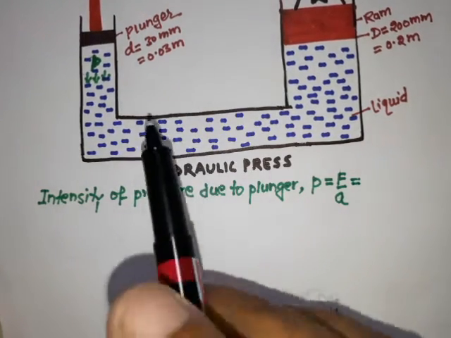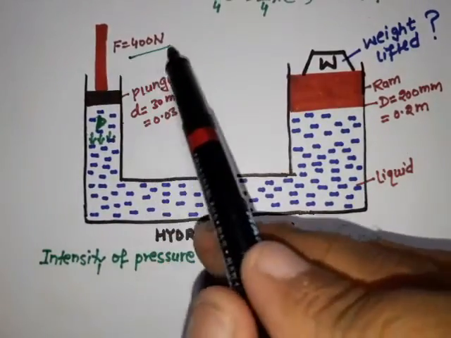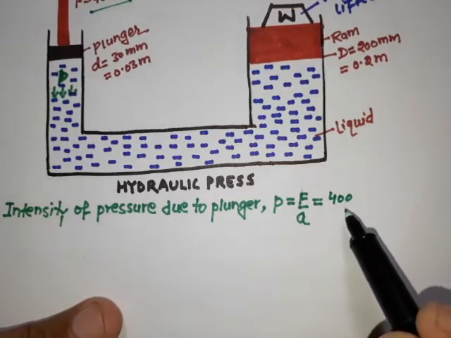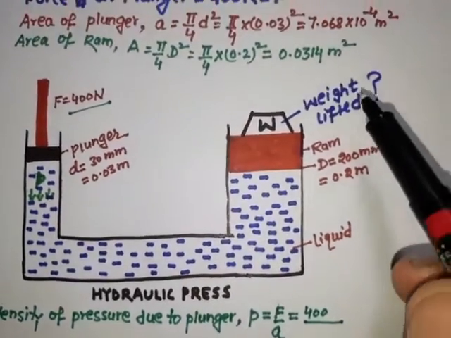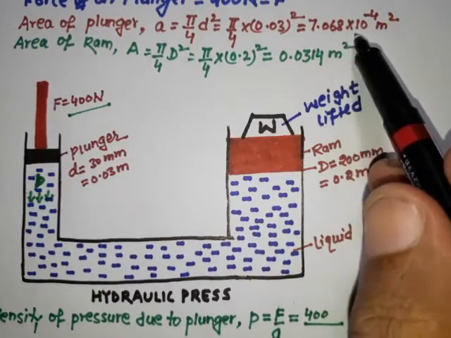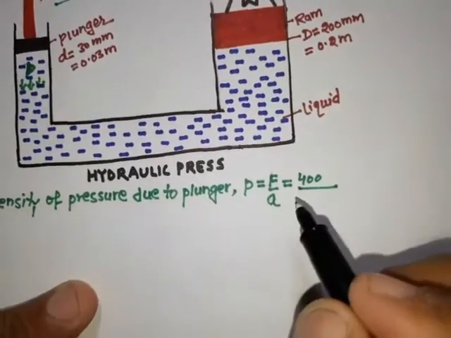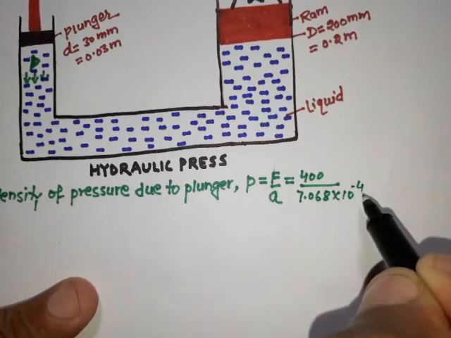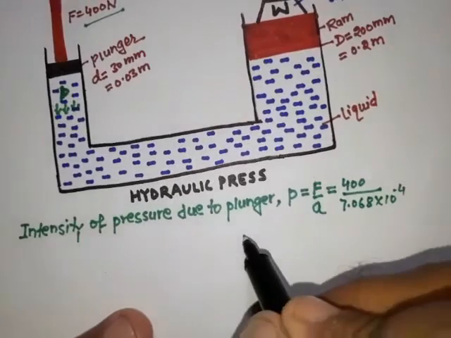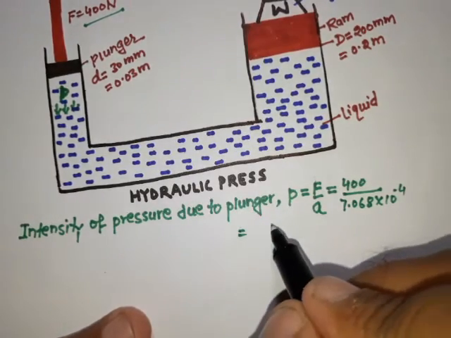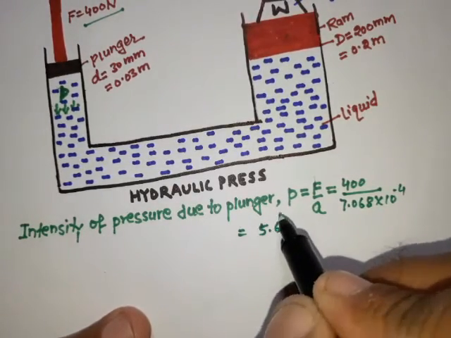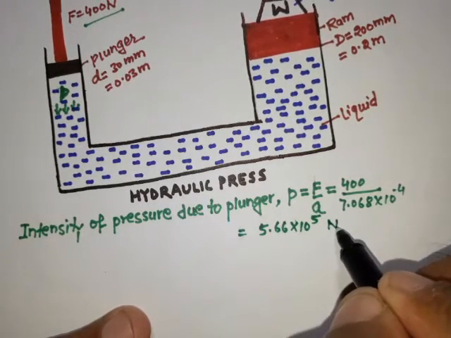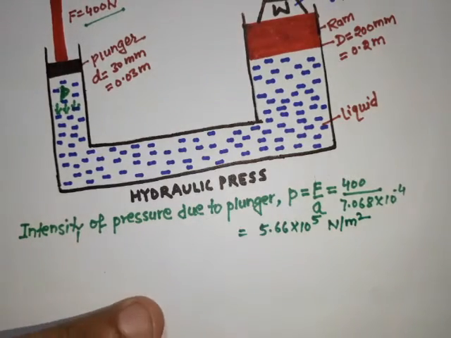The force on plunger that is given is 400 Newton, divided by the area we have already calculated, that is 7.068 into 10 raised to power minus 4. So finally this is equal to 5.66 into 10 raised to power 5 Newton per meter square.